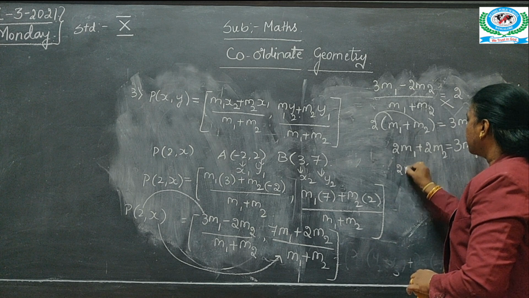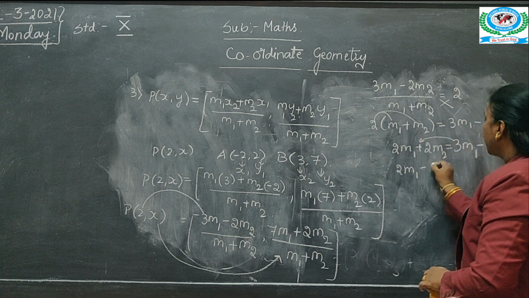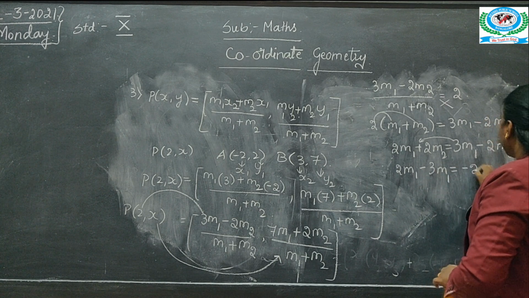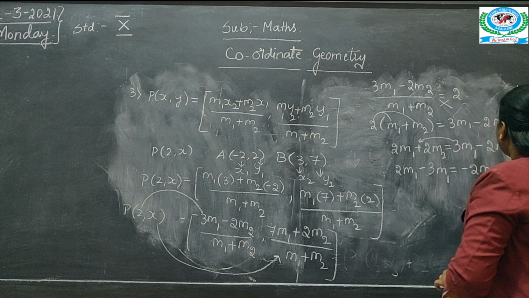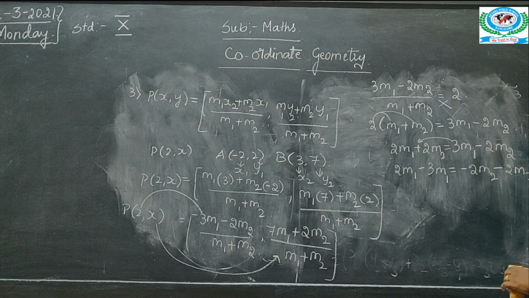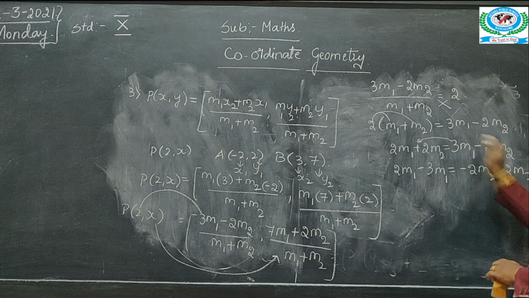So 2 times m1 minus 3 times m1 is equal to minus 2 times m2 minus 2 times m2. What I have done is this 2 times m2 I have taken on the other hand side and this 3 times m1 I have shifted.